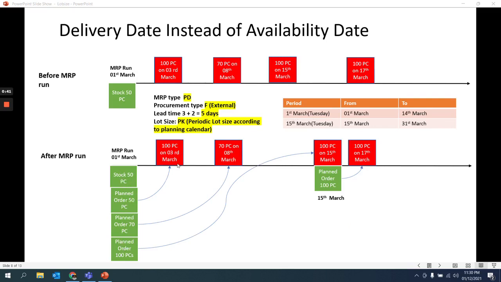The requirement of 100 on 17th of March can be fulfilled in the second planning cycle itself. Since the 15th of March demand cannot be fulfilled in the second cycle without a delay of 2 days, system creates the planned order in the first planning cycle itself.